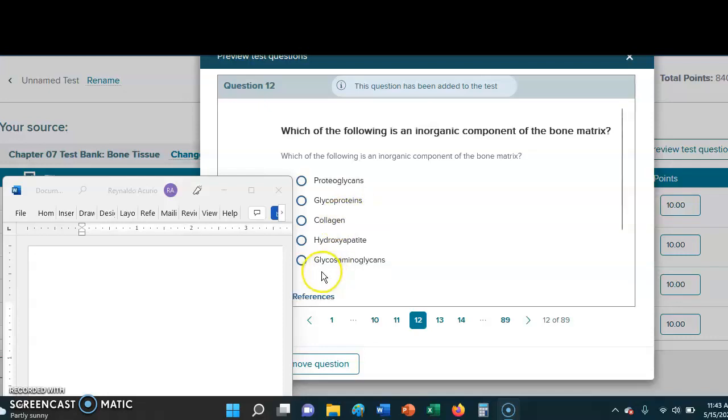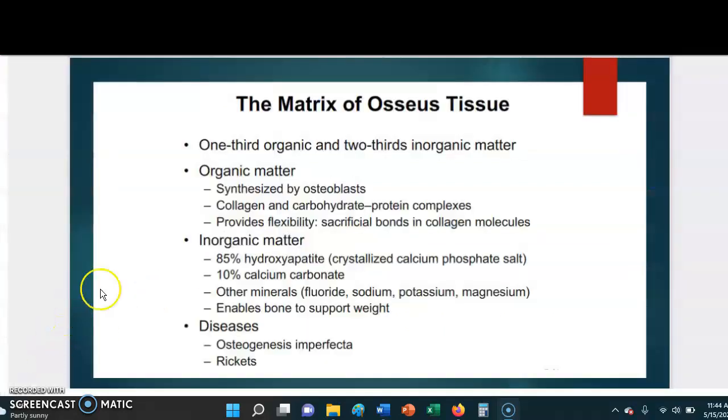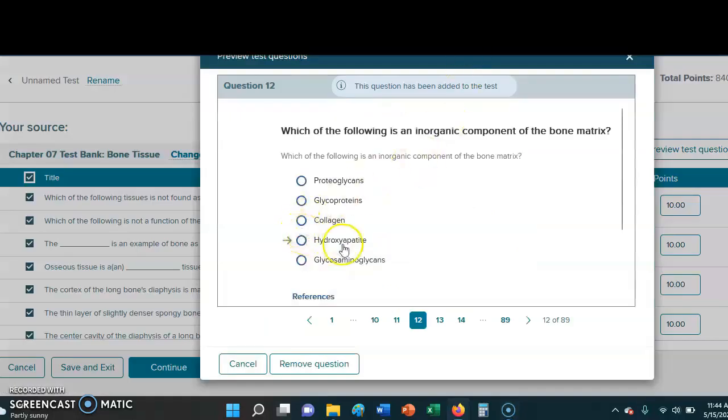And then we also have glycosaminoglycans. That one also has carbon. Hydroxyapatite. That one is where calcium is. So let's take a look at the figure. Right here we have the matrix of osseous tissue, and we have organic matter, inorganic, right here, hydroxyapatite. That should be the answer. Going back to the question, and right there, hydroxyapatite.